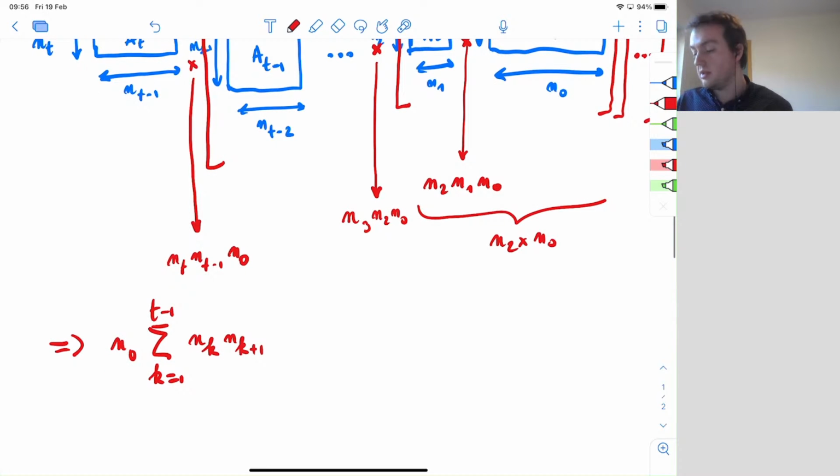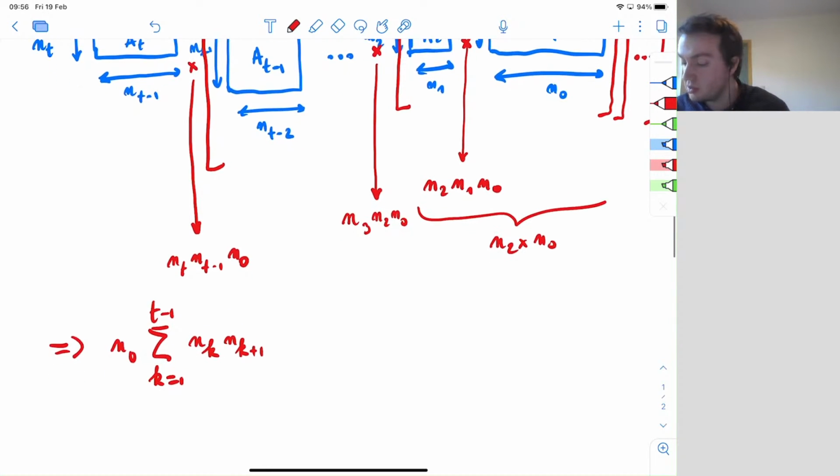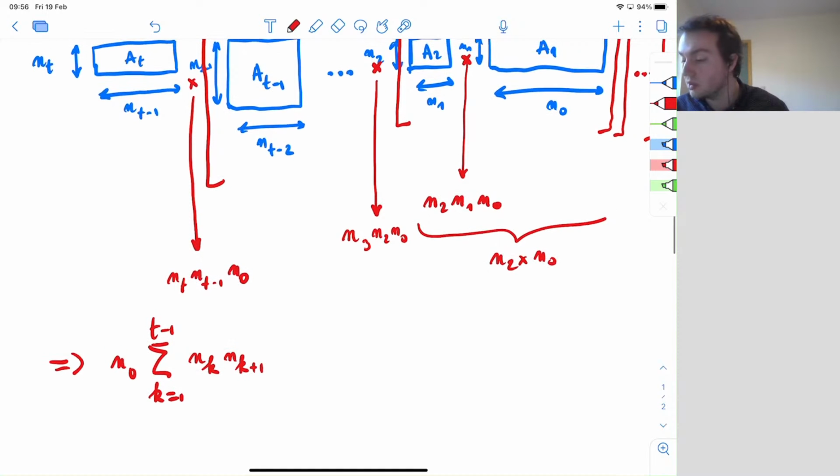And so we would have a number of operations which is proportional to this quantity when you compute the product using this forward accumulation.